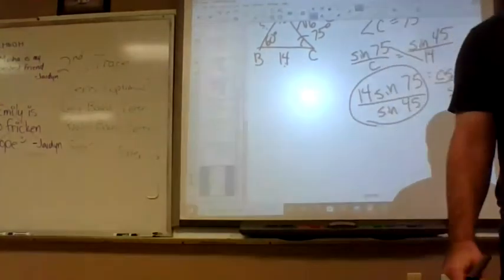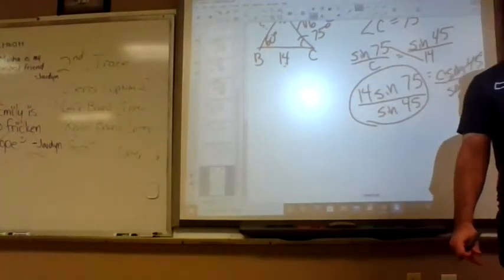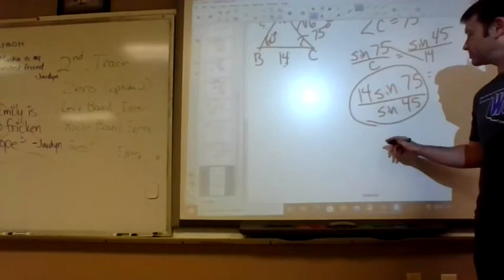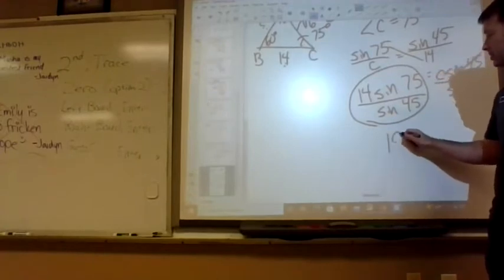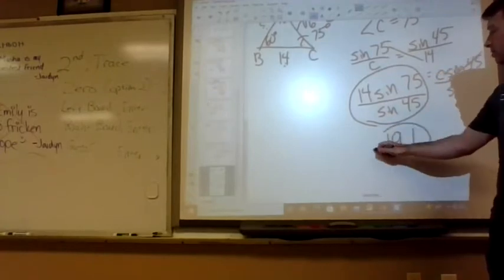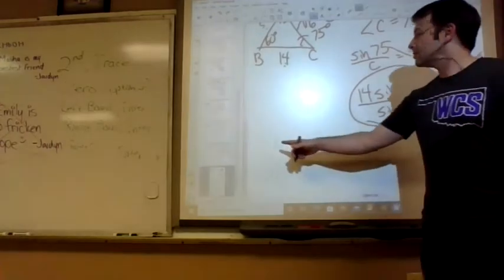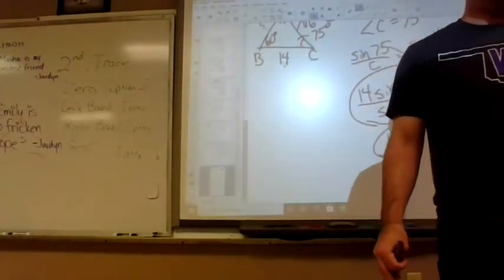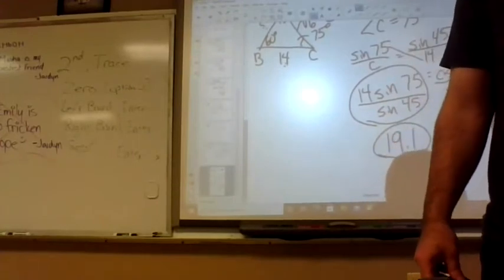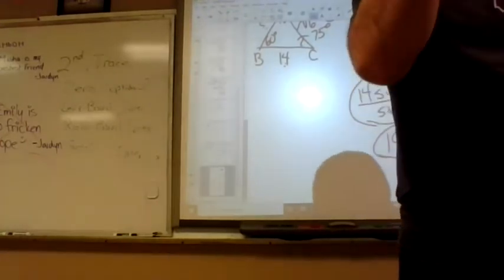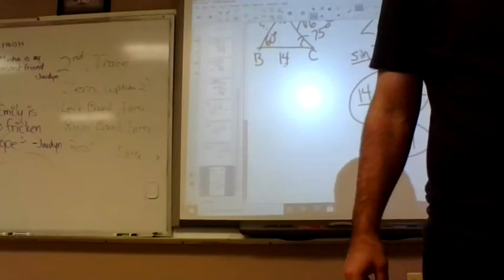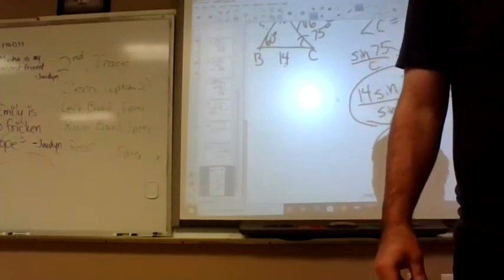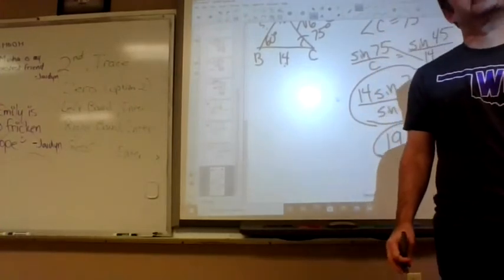That's odd. 19 point, yeah, 19.1. I'm surprised your calculator wrote it like that. Well, I just hit the standard button. You can just change it to a decimal. 19.1.